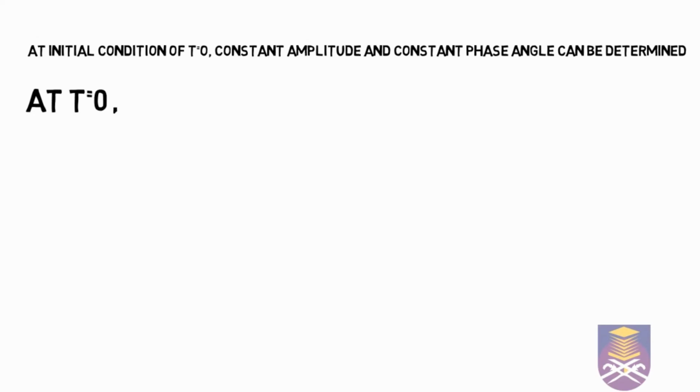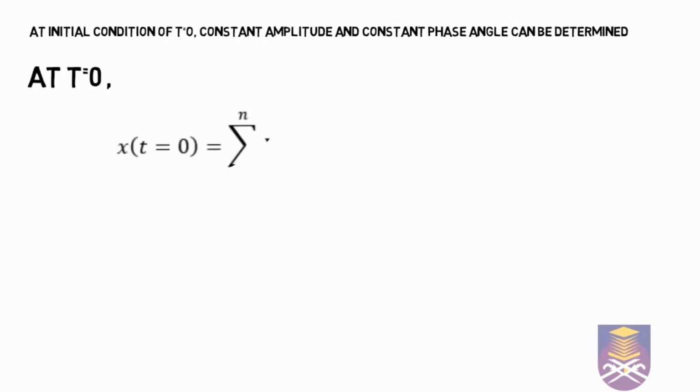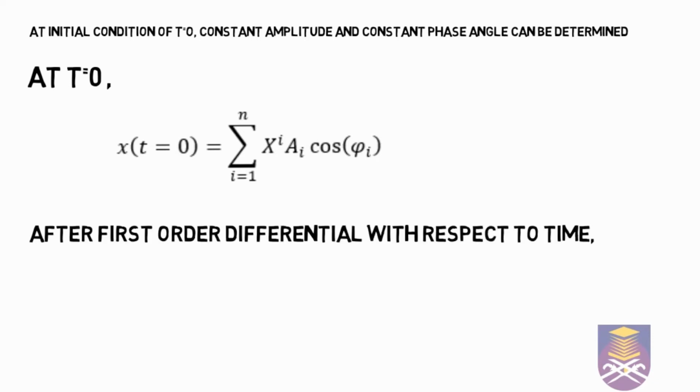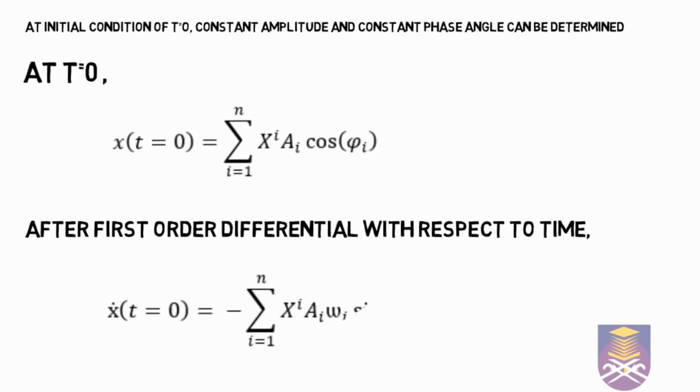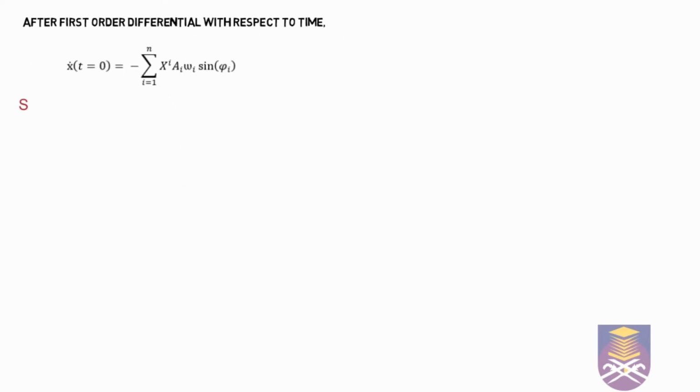At initial condition of t equal to 0, the constant amplitude and constant phase angle can be determined at t equal to 0 after first order differentiation with respect to time. Suppose i equal to 3, which is 3 degrees of freedom.